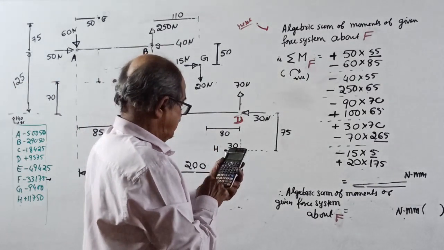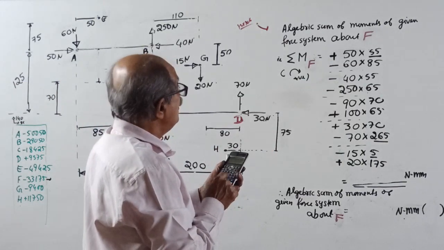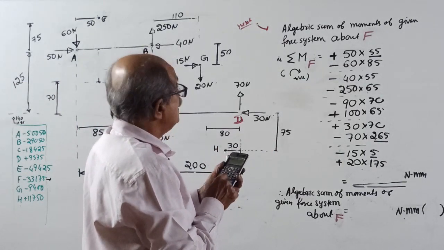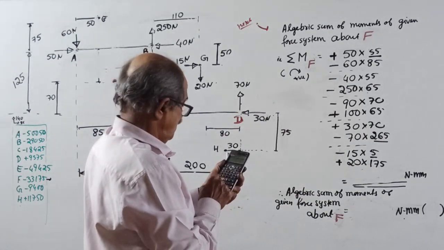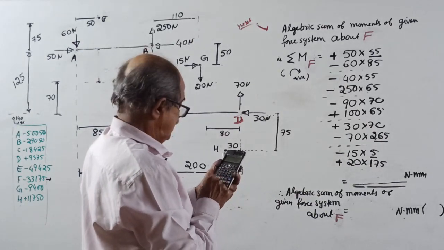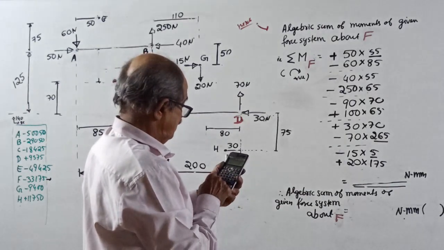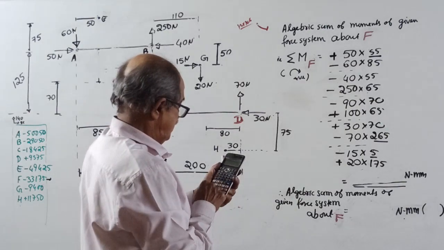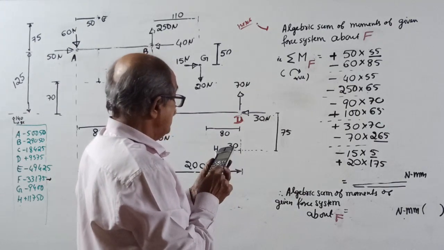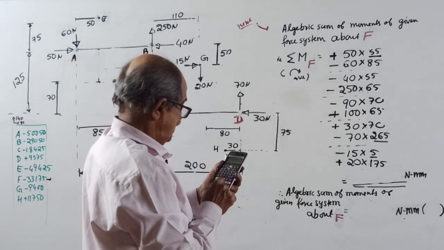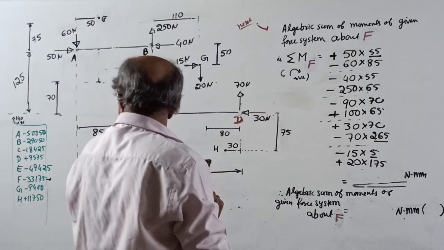55 minus 60 into 85, minus 40 into 55, minus 250 into 65, minus 90 into 70, plus 100 into 65, plus 30 into 70, minus 70 into 265, minus 15 into 5, plus 20 into 175. 33625.